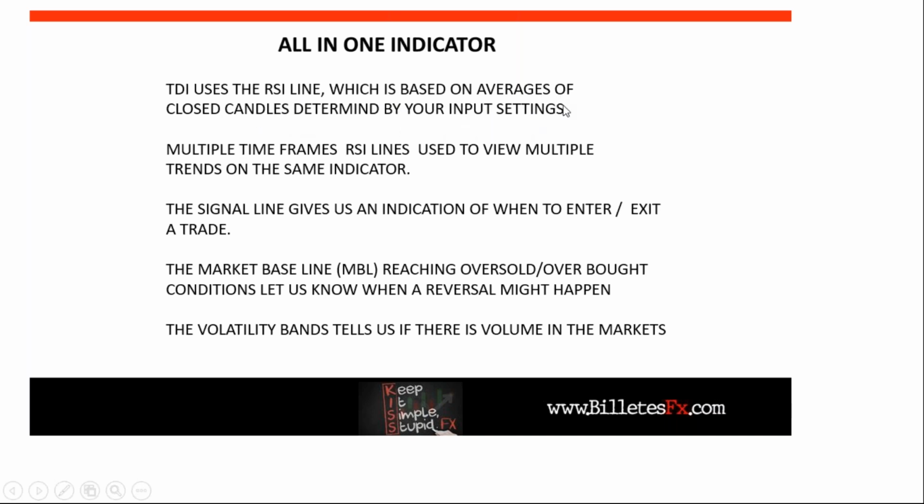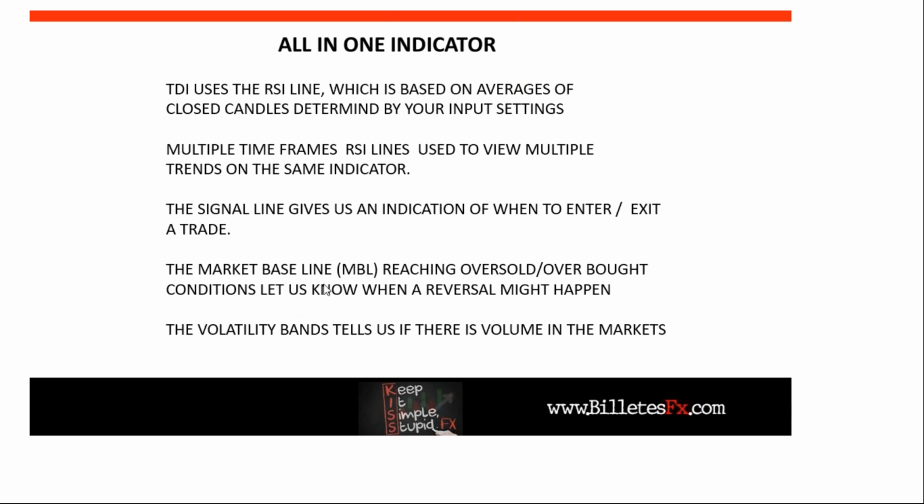We already went through the settings on TDI. Multiple time frames, RSI lines used to view multiple trends on the same indicator. Just follow along. The signal line is going to give us an indication of when to enter and when to exit. That's the important one.